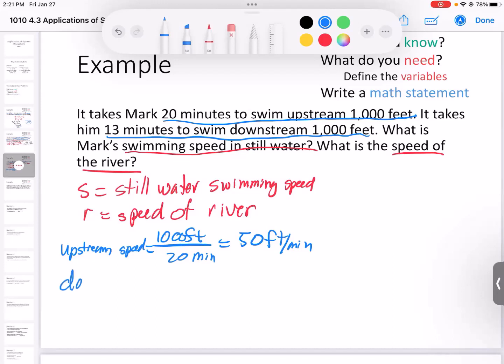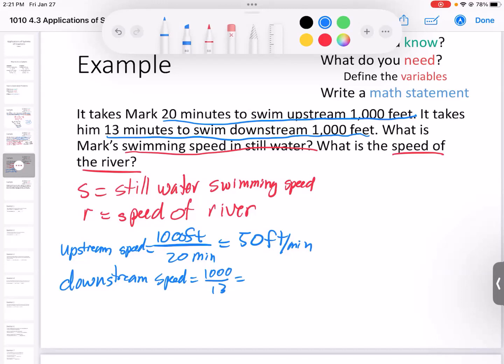And then what would the downstream speed be? Perfect. Yep. So if I do 1,000 divided by 13, I think that actually won't divide evenly. What is it approximately if you guys type it in?